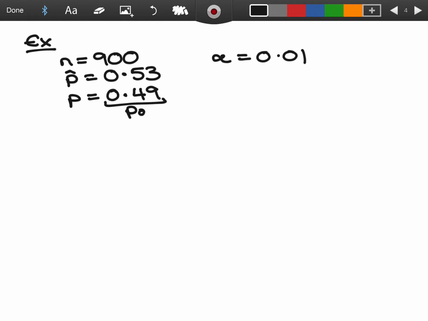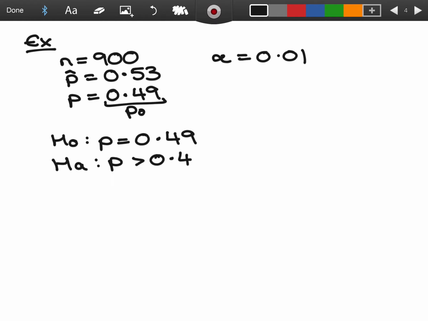First thing, let's write out our null and alternative hypotheses so at least we know what we're testing. Okay, your null hypothesis is that the population proportion is equal to what they initially thought it would be, 0.49. Your alternative hypothesis is testing whether it is in fact greater than 0.49, because they've looked at this sample data and they've said, we want to test whether it is in fact greater than 0.49.